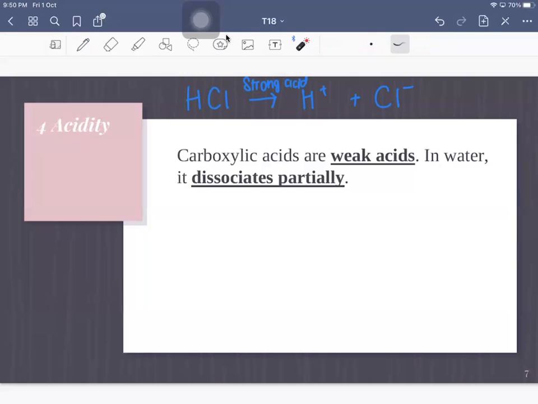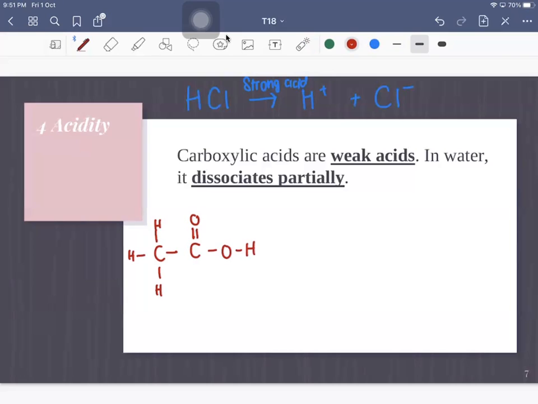If we talk about carboxylic acids, I'm going to use a specific example, which is ethanoic acid. Because it is an acid, it also undergoes dissociation. The only difference is that it's a weak acid.